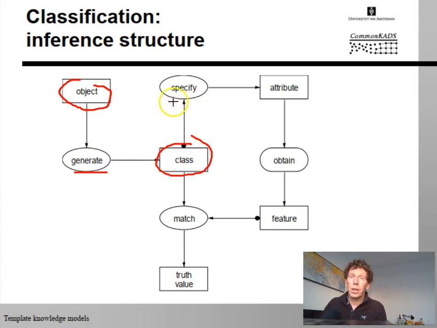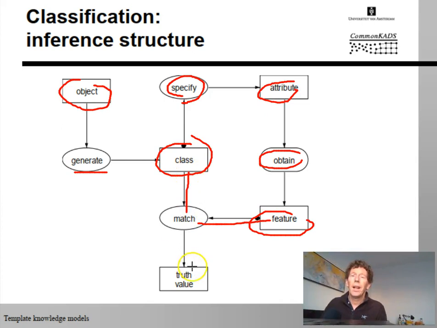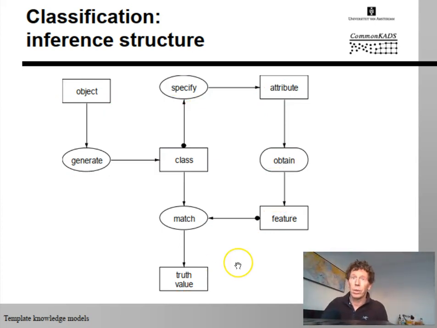Then for those classes we specify an attribute, we obtain the value for that attribute, we match that attribute value with that class, and it tells us whether the object belongs to the class or not. And we can do this in many different control structures. We can either do this one feature at a time, or one class at a time, or all classes at the same time, or all features for one class at the same time, and so on.